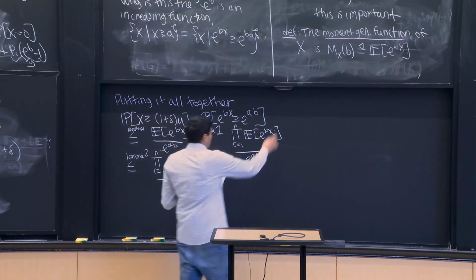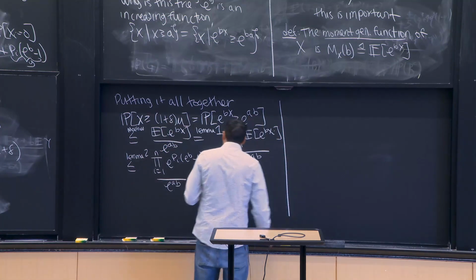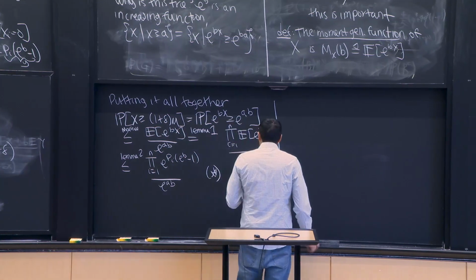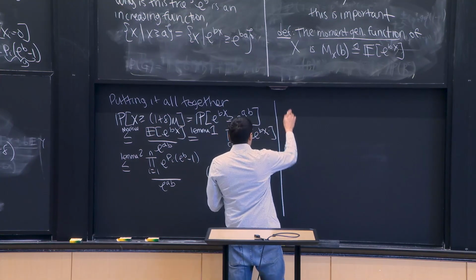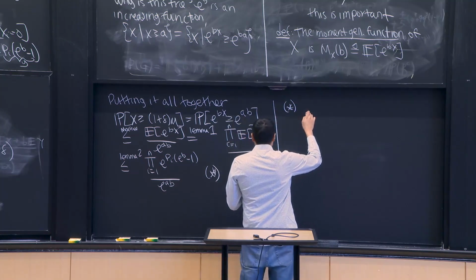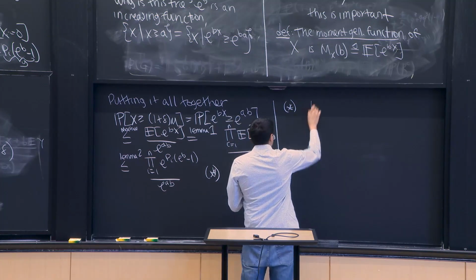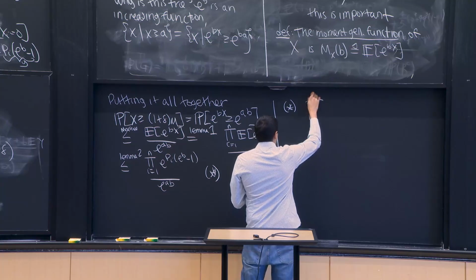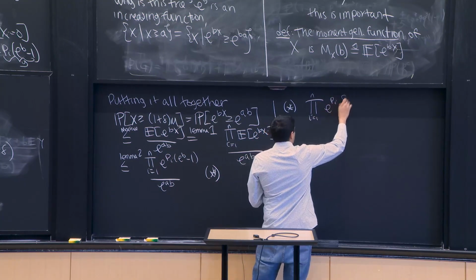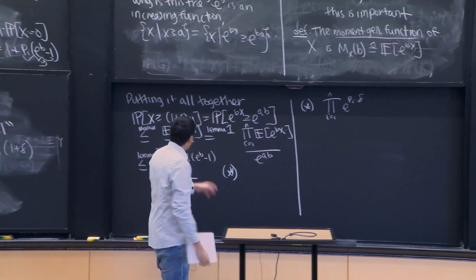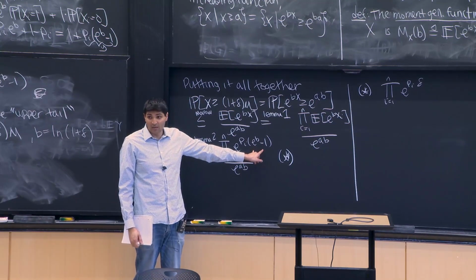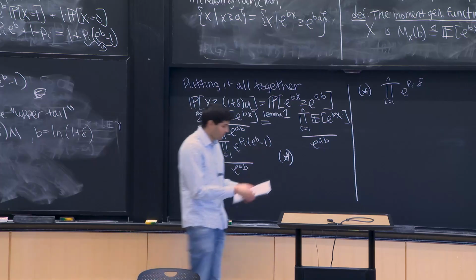And the name of the game is really just to figure out what star is so that the Chernoff bound pops out. So, you know, our bound star right here, we can plug in for all of our values of a and b. We'll get the product of i equals 1 to n of e to the p_i times delta, right? Because b is natural log of 1 plus delta, so when I plug this in, I'm going to get delta sitting out right here.